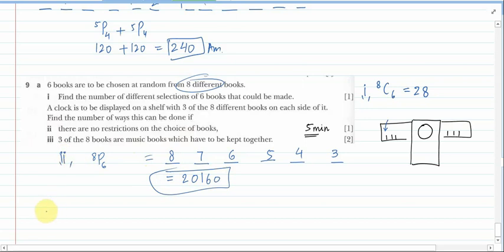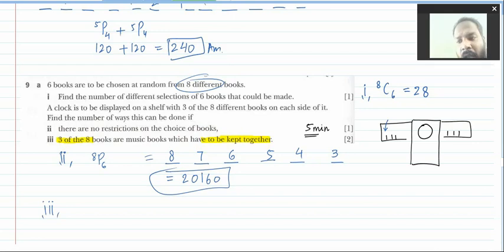Alright, similarly for the second part, when it says 3 of the 8 books are music books which have to be kept together, now you have a condition, which is that they have to be kept together. 3 of the 8 books are music and they need to be kept together. Now I am going to explain with the approach of the dashed line.